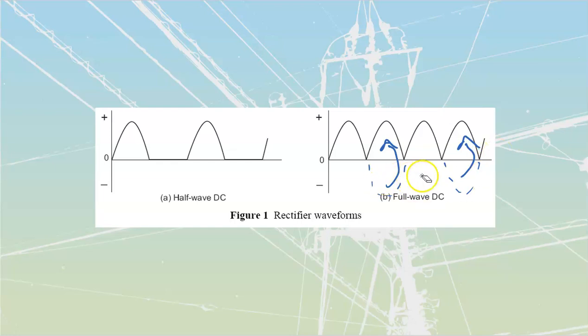So full wave is going to have the same amount of power when we take a look at it as well, right? We see we get the whole waveform over here that we are going to be able to utilize. It's just now it's all going to be in the positive side. Okay, those are my two main waveforms.